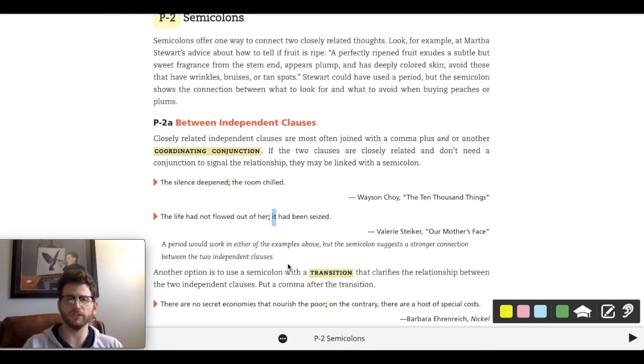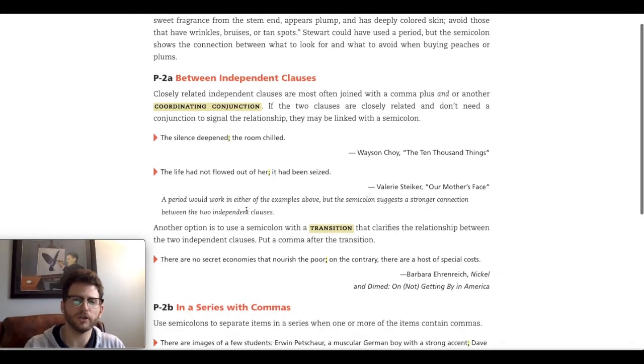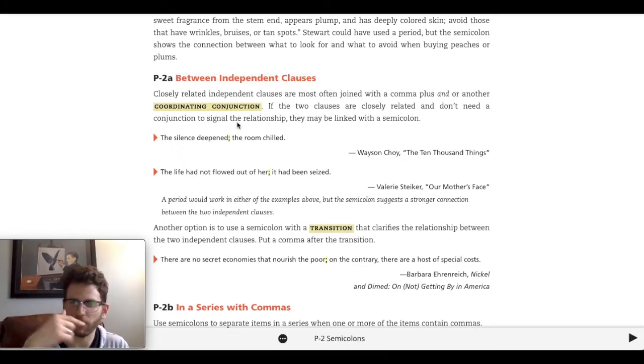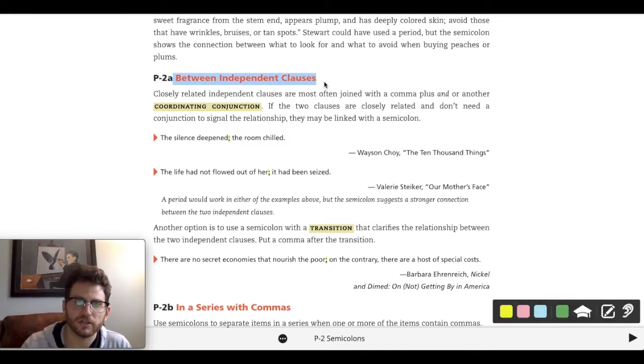The book gives you a really good suggestion here, which is that anywhere a semicolon would work, at least in this case of two independent clauses, because I'm going to show you one or two other examples, in this particular circumstance with independent clauses, if you're using a semicolon, then it will always be appropriate to use a period also. But just notice that a period is doing something different stylistically, not grammatically, stylistically.